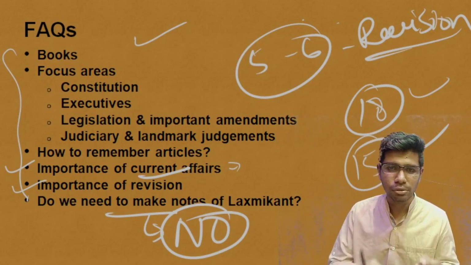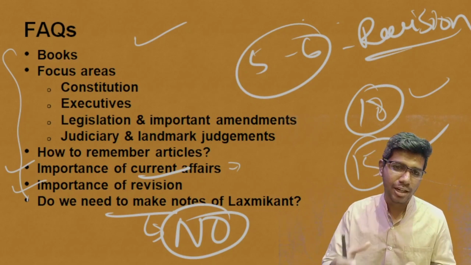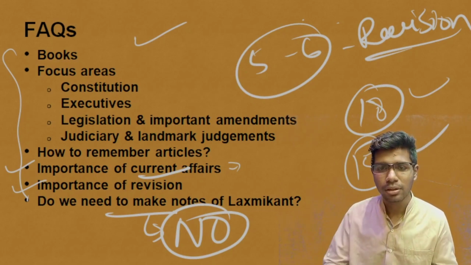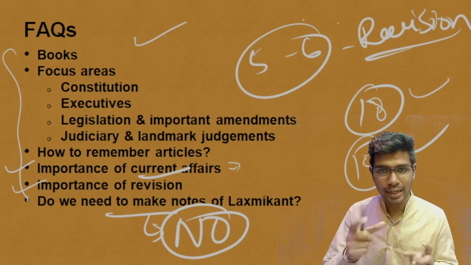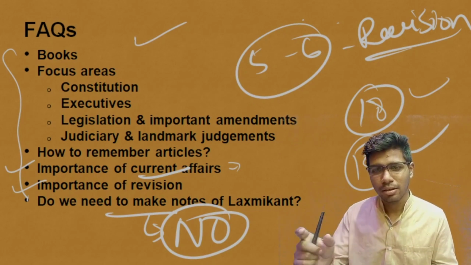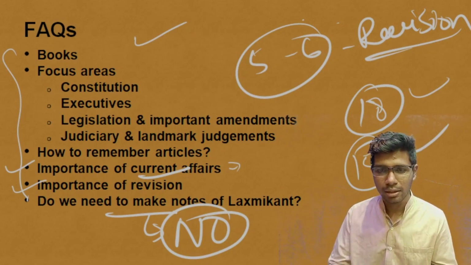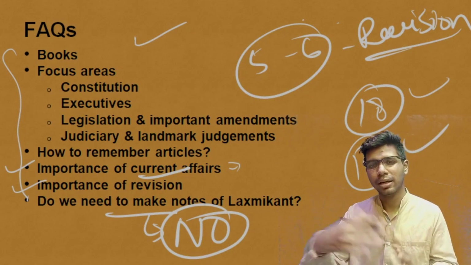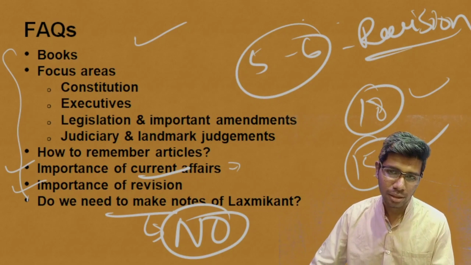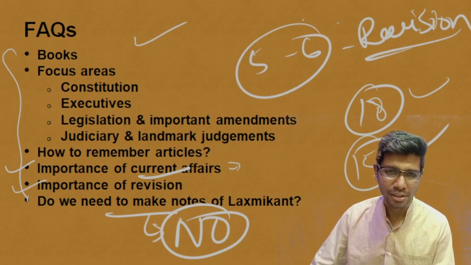What you can do is use different colors of markers and make it a more readable one. You can highlight the important parts and practice writing it. Writing practice can be done on that, but you don't need to make another note of Lakshmikant. That is what the majority of toppers have done to ace this exam and not waste time.